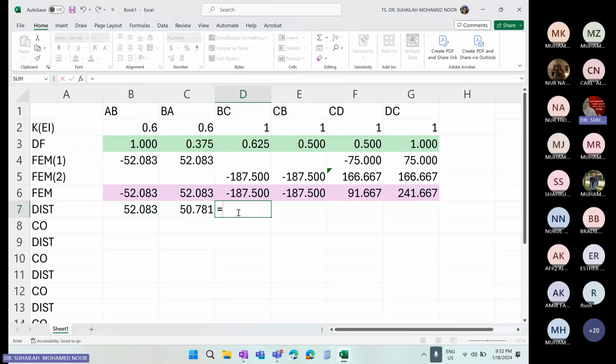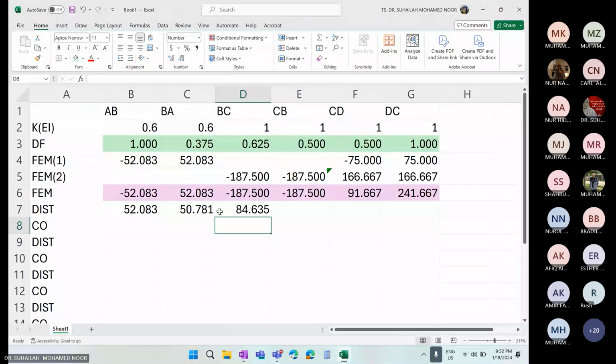The other one is the same, times with factor 0.625.